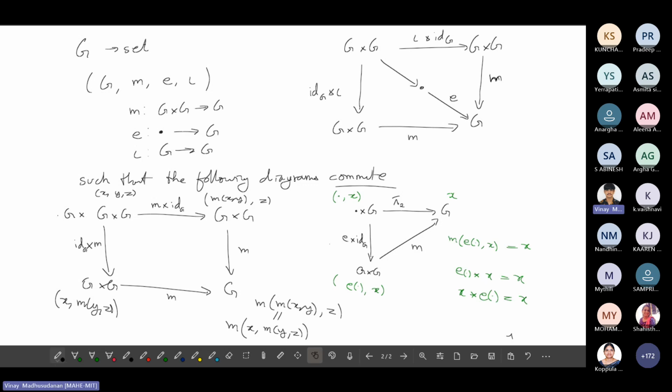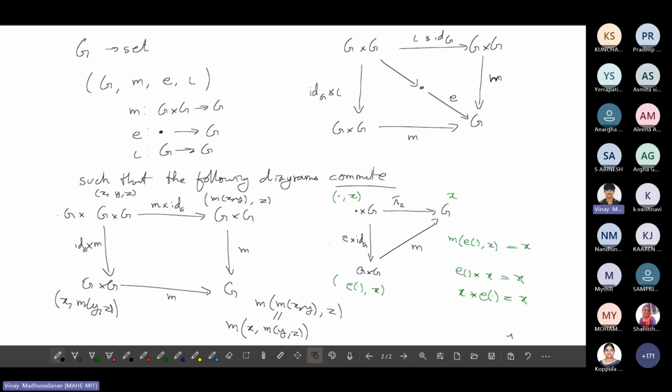If you take any set and you take a singleton set, then there is always one and only one function from the given set to the singleton set. You have to map all the elements of that set to the unique element of the singleton set. There is no choice there. So I don't need to specify what that map is. There is only one possible map.